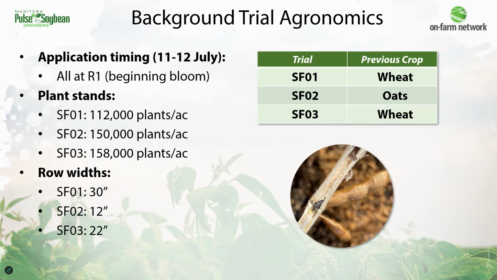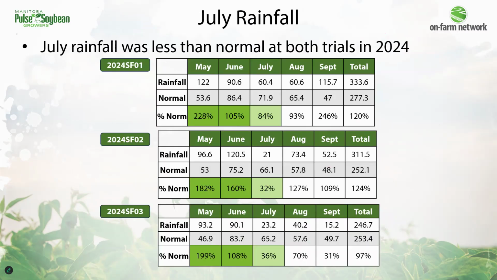The previous crop can play a role in the disease carryover of white mold. So here's the distribution of previous crop, circled red, and at all 3 sites, the previous crop was a cereal. July rainfall and the moisture around flowering can play a large role in the disease development of white mold. So here's the percent of normal rainfall for each individual trial.